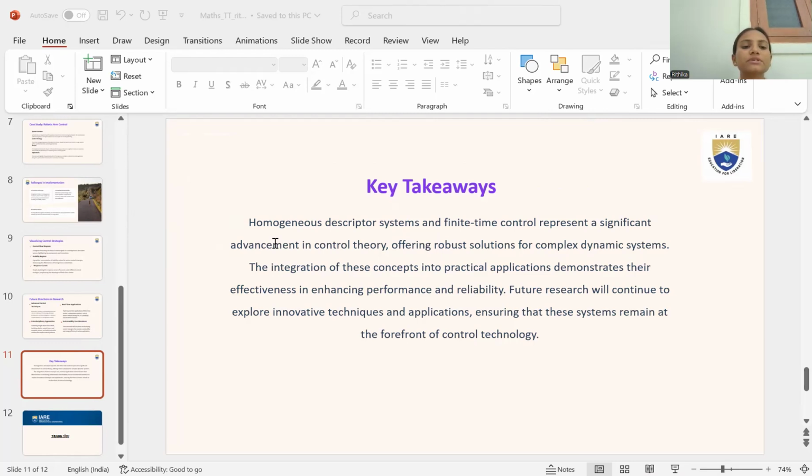Homogeneity in linear descriptor systems is a property that, like in standard ODEs, implies that scaling the initial condition scales the trajectories. Research has focused on establishing algebraic criteria to verify this property for descriptor systems.